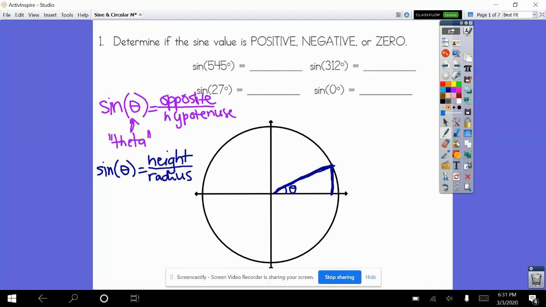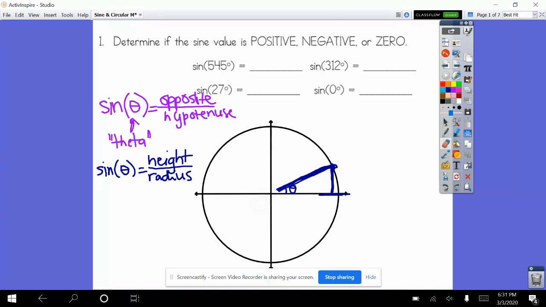So when you're working with sine in all these questions where we're using a circle, we can just think of sine of theta as the ratio of the height of a point on the circle, the height it is away from the middle, to the radius, because the hypotenuse of any triangle in this circle is always the radius of the circle.